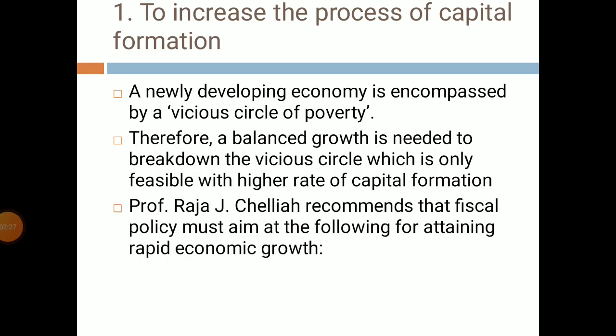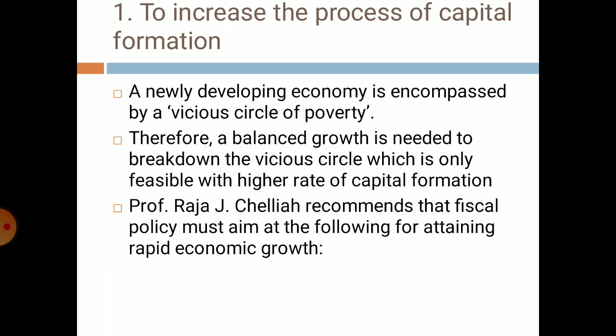First objective is to increase the process of capital formation. A newly developing economy is encompassed by a vicious circle of poverty. Therefore, a balanced growth is needed to break down the vicious circle, which is only feasible with a higher rate of capital formation.